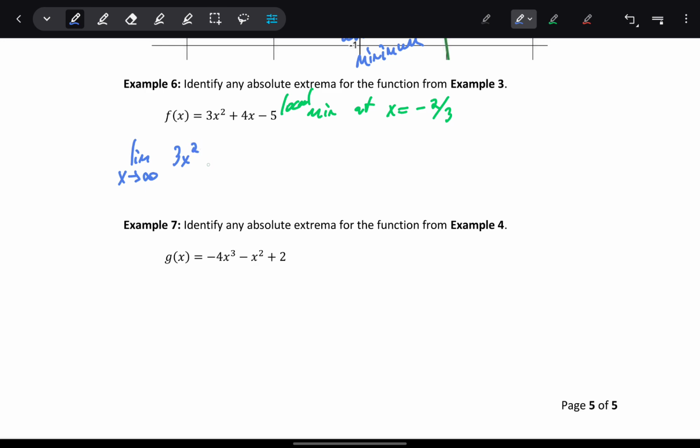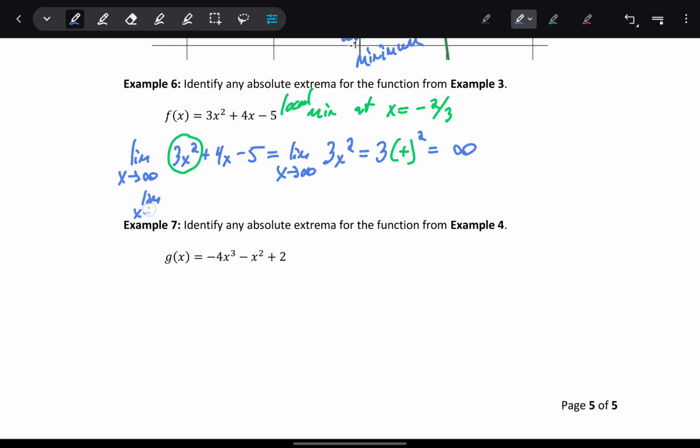So we'll take the limit as x approaches both infinity and negative infinity. Keep in mind that to do that, we look at the term with the highest power, meaning to evaluate this limit, we'll just consider the limit as x approaches infinity of 3x squared, meaning we'll be taking 3 times some really large positive value squared, which will give us some really large positive number.